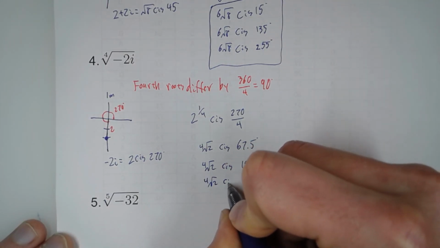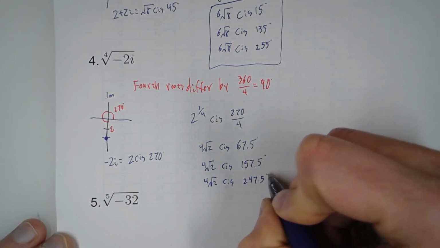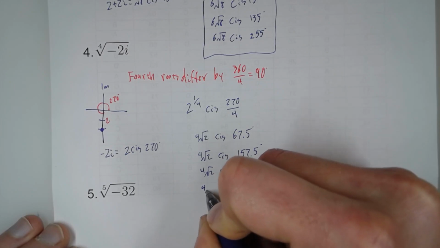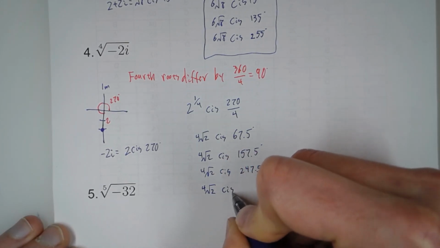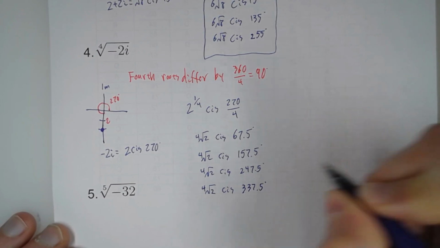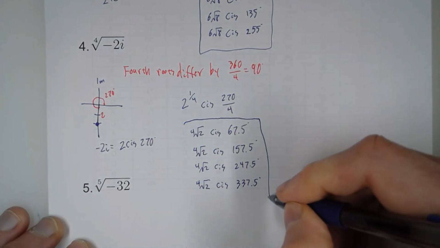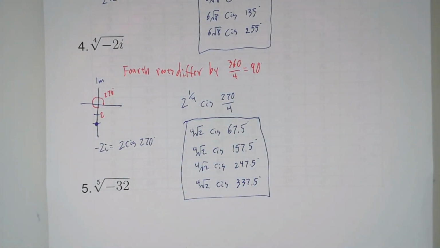And we'll add 90 again, 247.5. And then for the last one, we will add 90 again, 337.5. So here are our 4 4th roots.